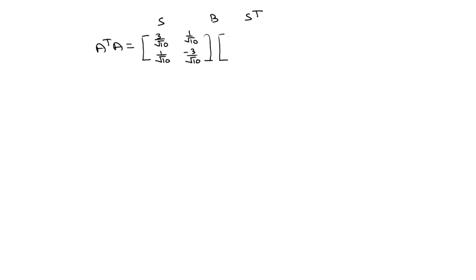Then a diagonal matrix B, 11, 0, 0, 1, into S transpose. So, S transpose will become 3 upon root 10, 1 upon root 10, then 1 upon root 10, minus 3 upon root 10, which is similar to S.